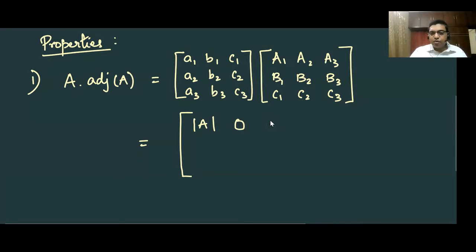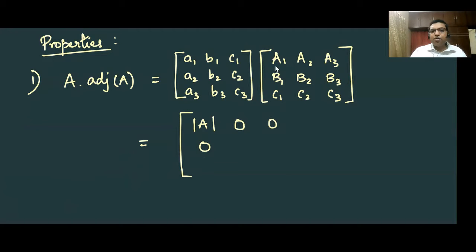This will again be 0. Let us look at the second row elements now in the product. Second row multiplied by the first column, A2 A1, B2 B1, C2 C1. It is second row elements multiplied by the cofactors of the first row. We get 0.